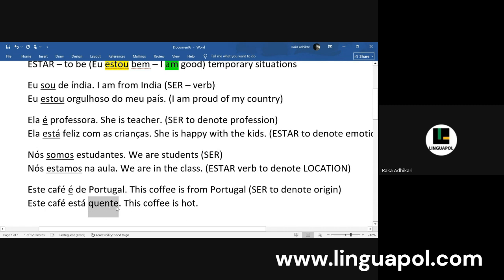Quente means hot. So here we are using the star verb because naturally the coffee is hot now, but it can become cold later. So it's a temporary feature of the coffee. That is why we are using the star verb, to denote state, the state of the coffee.